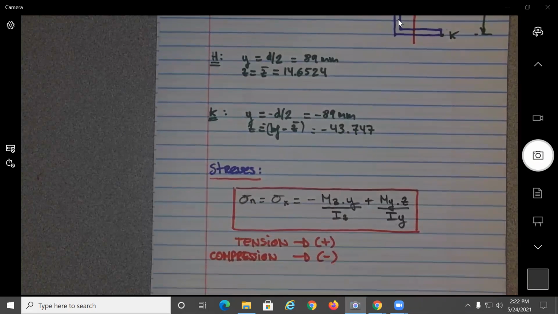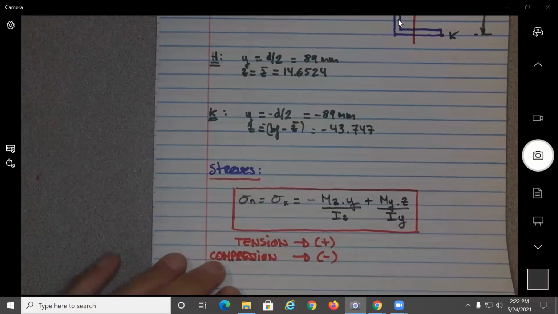And compression, we know, is negative. Okay.